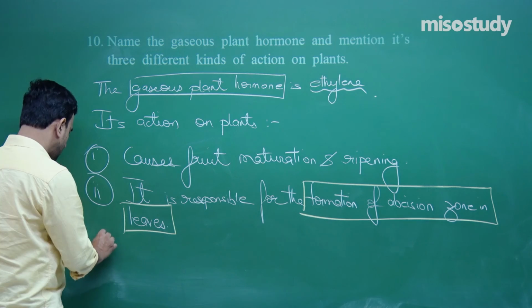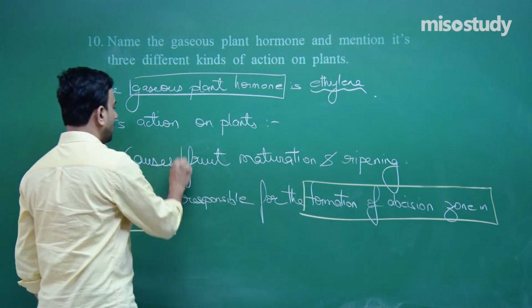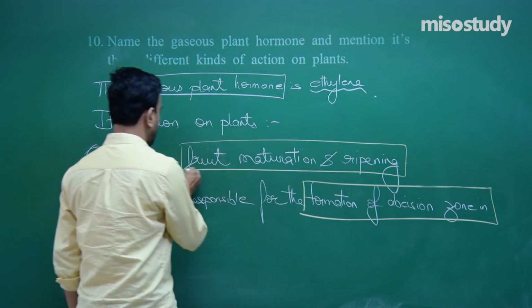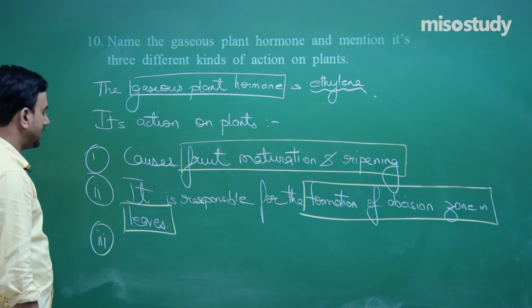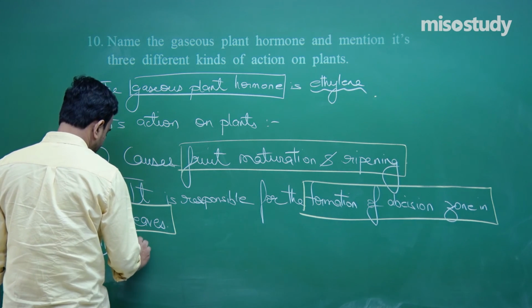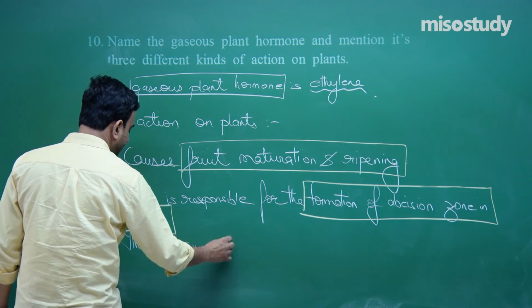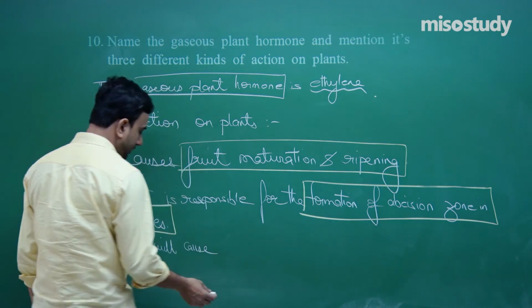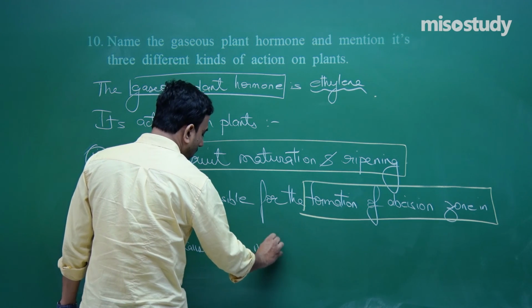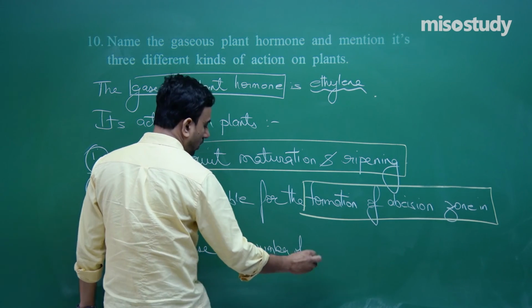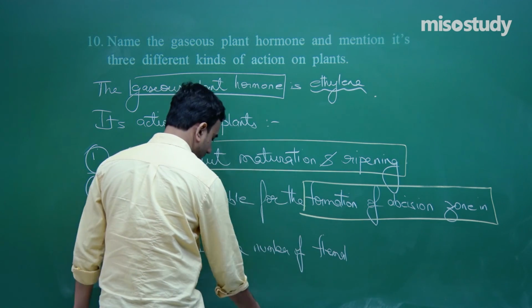And thirdly, we will see that this plant hormone ethylene will cause more number of female flowers.